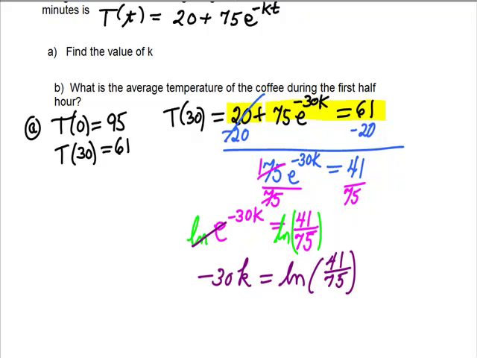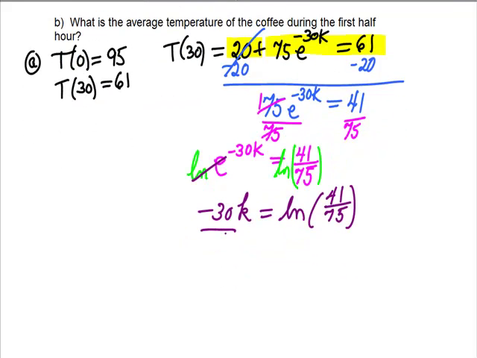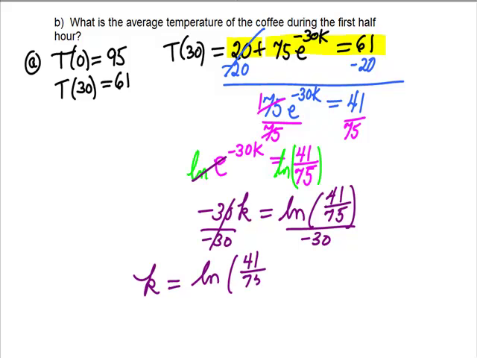Now we're almost there for k. So now we divide by negative 30. And we get that k is the natural log of 41 divided by 75, divided by negative 30. And the book is asking you what that is approximately.